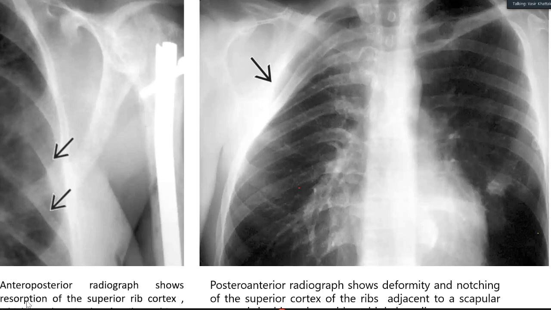I will not ask you this, but always think that if there is superior rib cortex resorption, you might think that it's a case of rib notching, but it may be a result of pressure symptoms, right? So if you don't see any adjacent lesion, you can also mention that it can be because of pressure symptoms, like in this case where this patient has a scapular exostosis, hereditary exostosis.